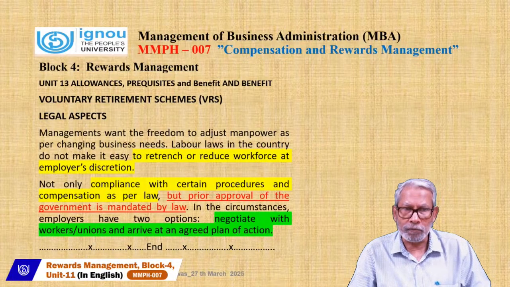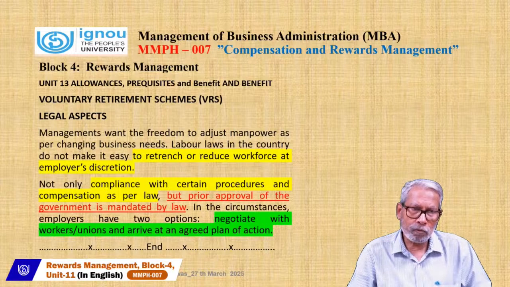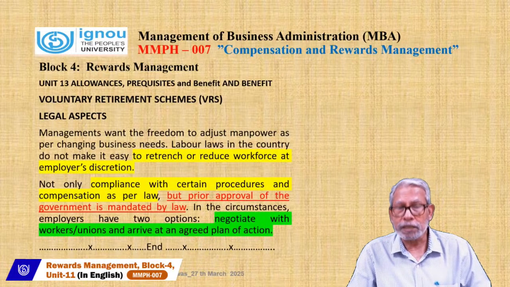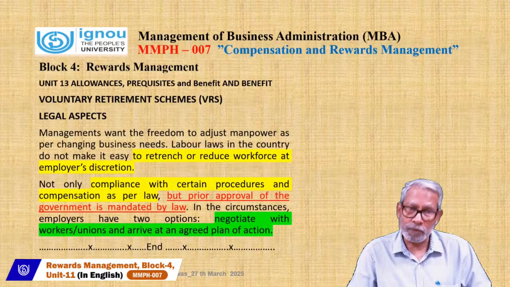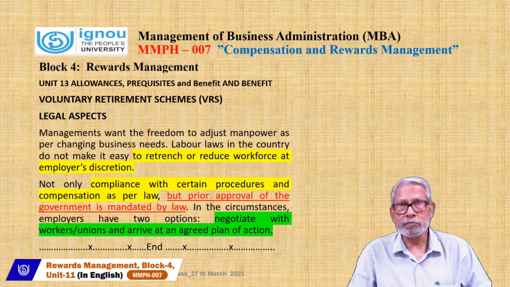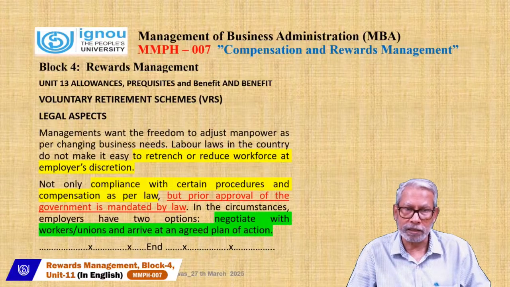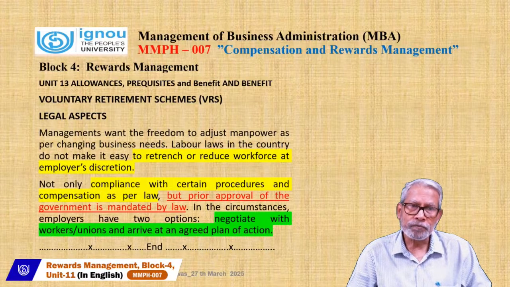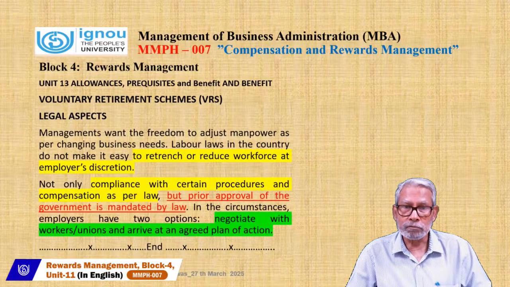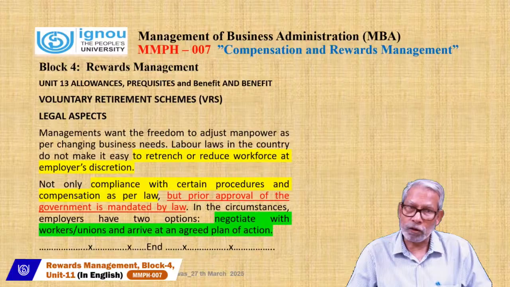You not only have to comply with certain procedures and the compensation as per the law, but prior approval of the government is mandated by law. That is why I have highlighted it in red pen. Prior approval of the government is mandated by the law.